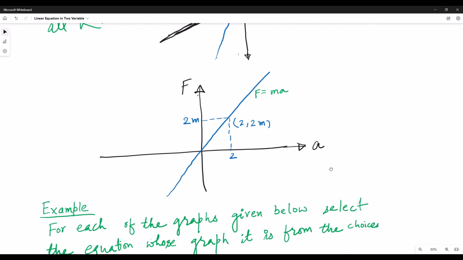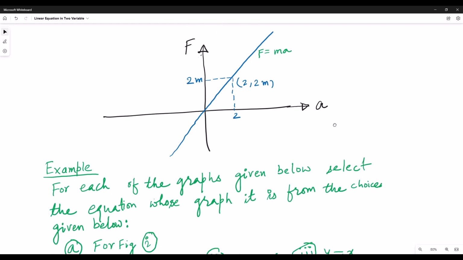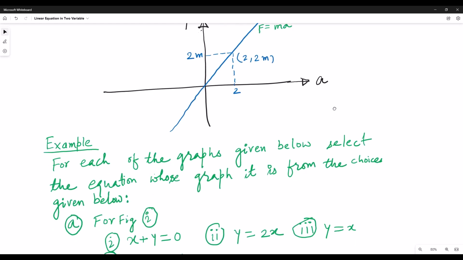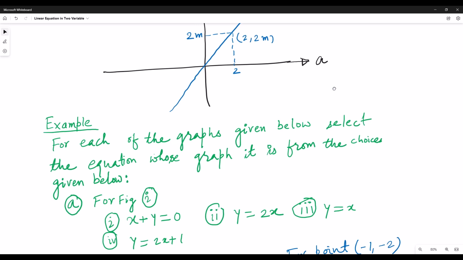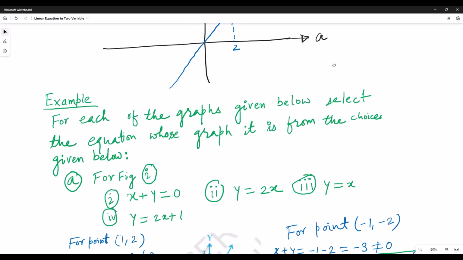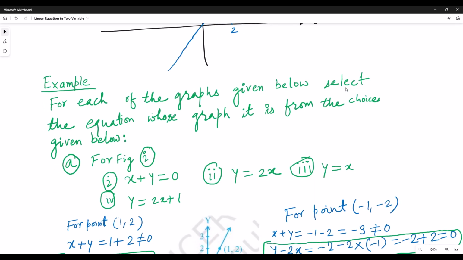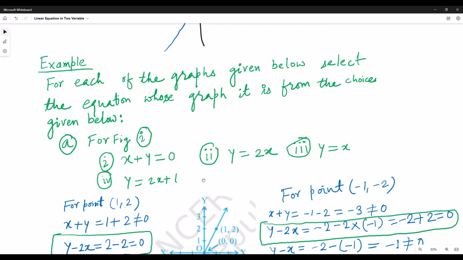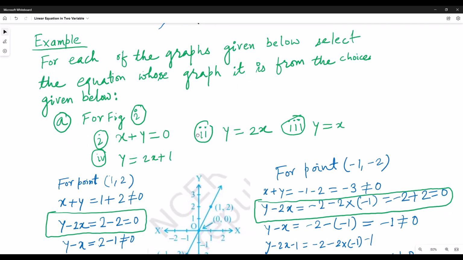For each of the graphs given below, select the equation whose graph it is from the choices given below. For figure 1, the choices include x plus y equals 0 and y equals 2x. So we have to find that.